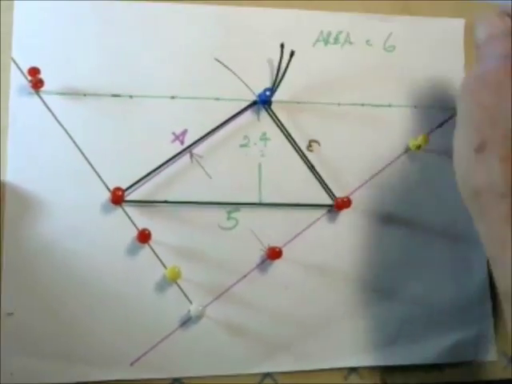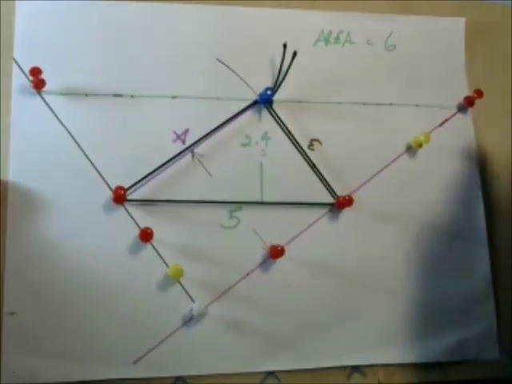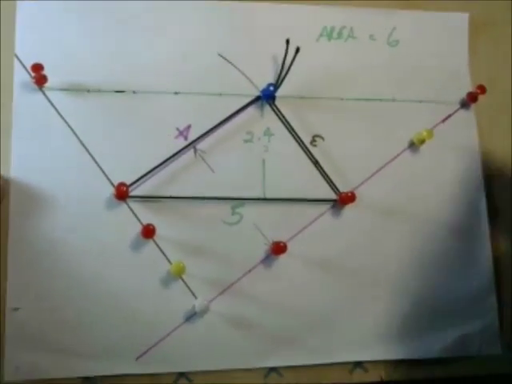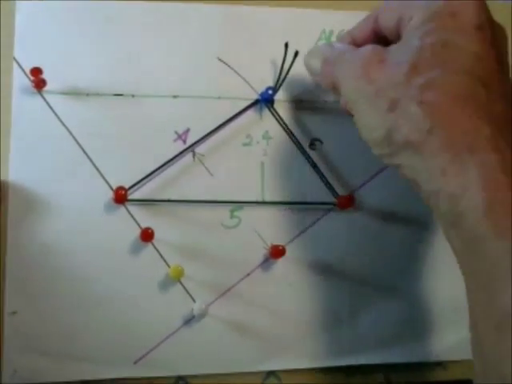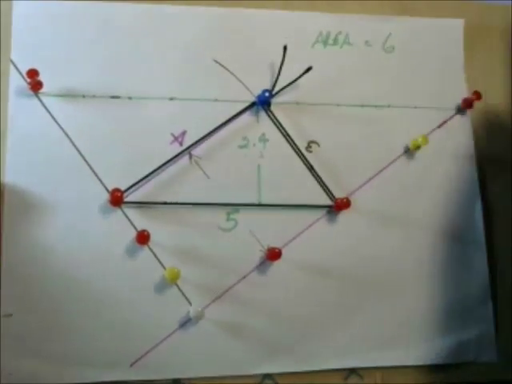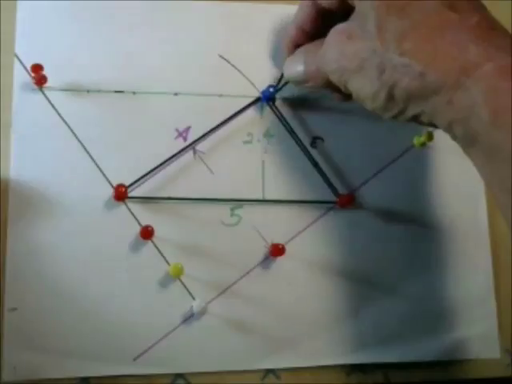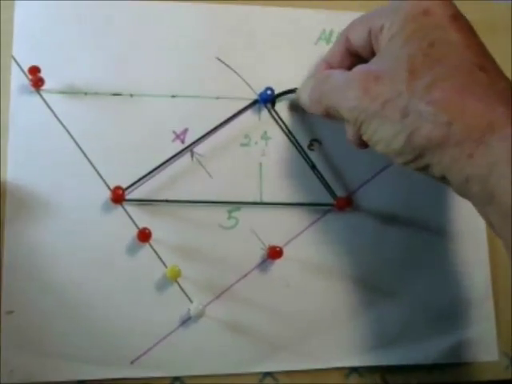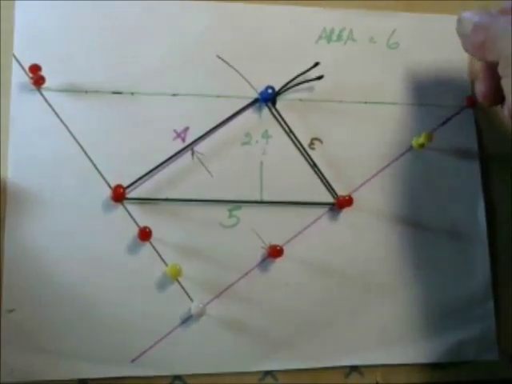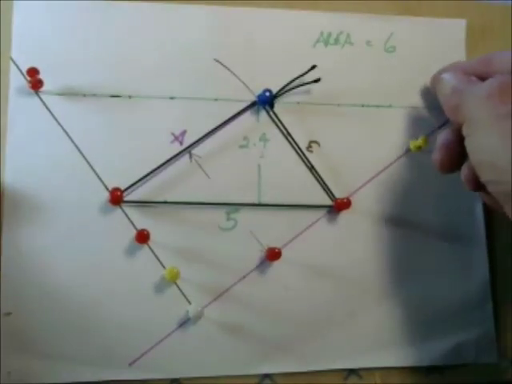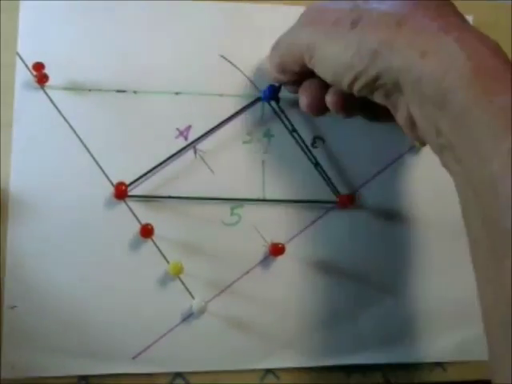So this 3, 4, 5 triangle has an area of 6. You can get that with the side calculation, even from Google. Okay, now we came up with an area of 6.